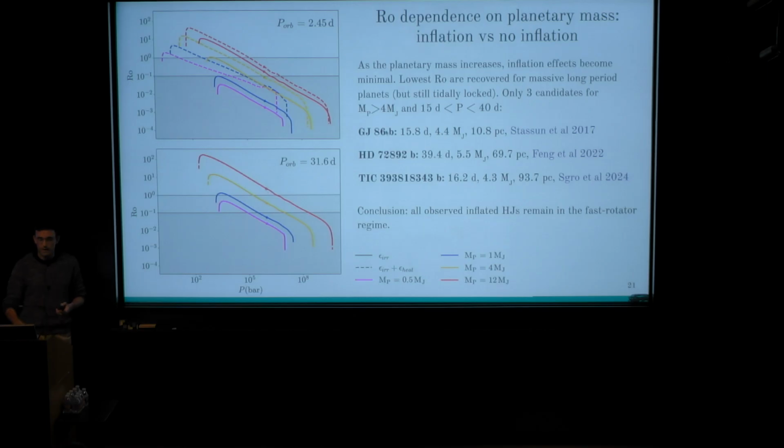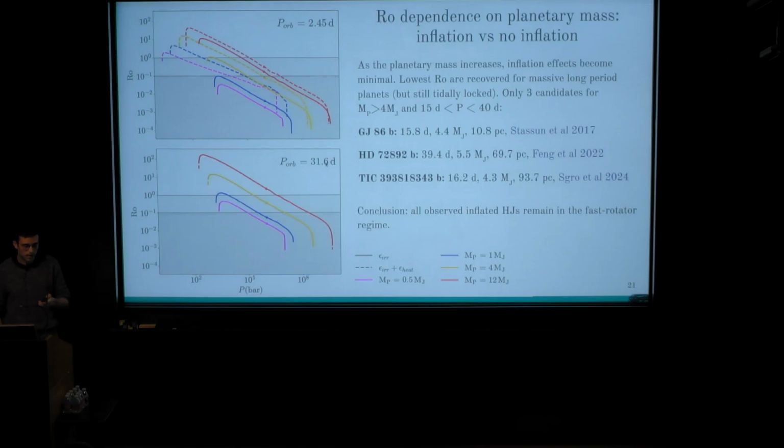And it actually doesn't matter very much, because if you search for planets below 4 Jupiter masses and between these two periods, you will only find 3 cases. 2 of them are quite far away, so the radio emissions that you could expect for them are non-detectable. At those orbits, you could even argue that maybe they are not tidally locked.